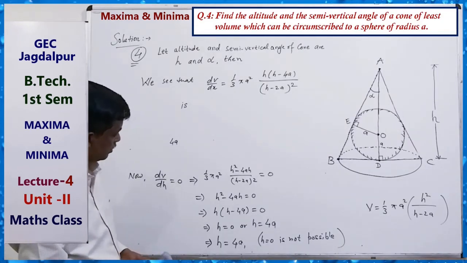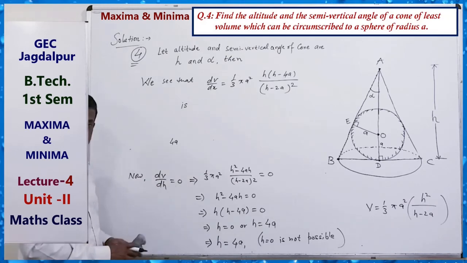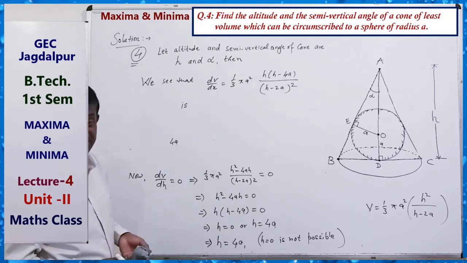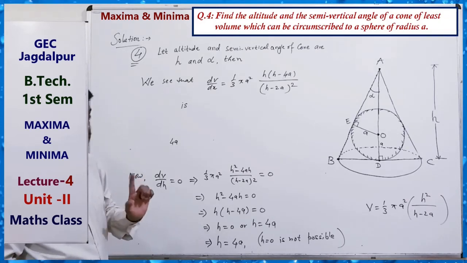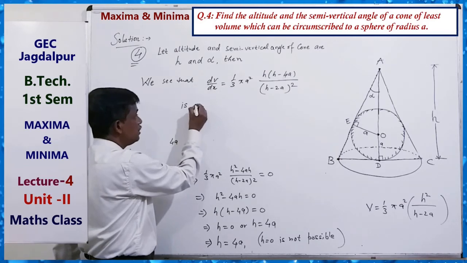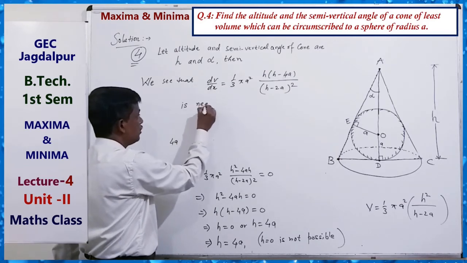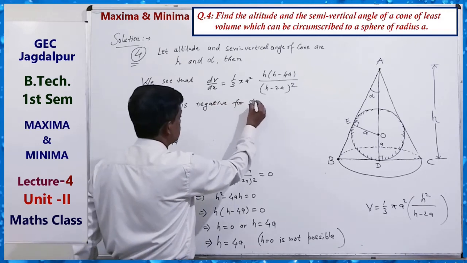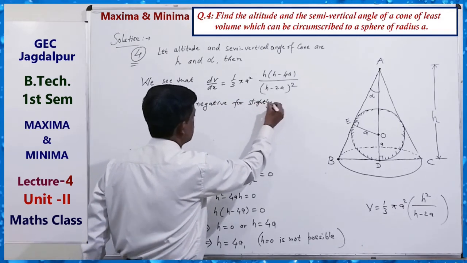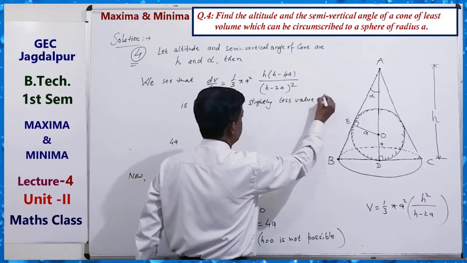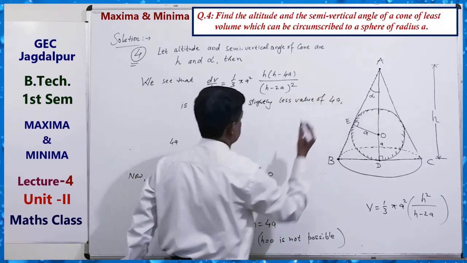then we see that for testing the minimum, just we see the first derivative test. The derivative is negative for slightly less value of 4a.